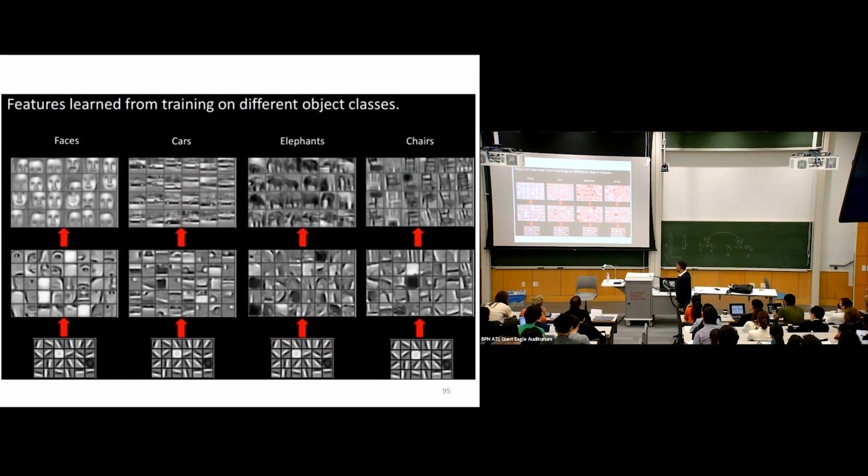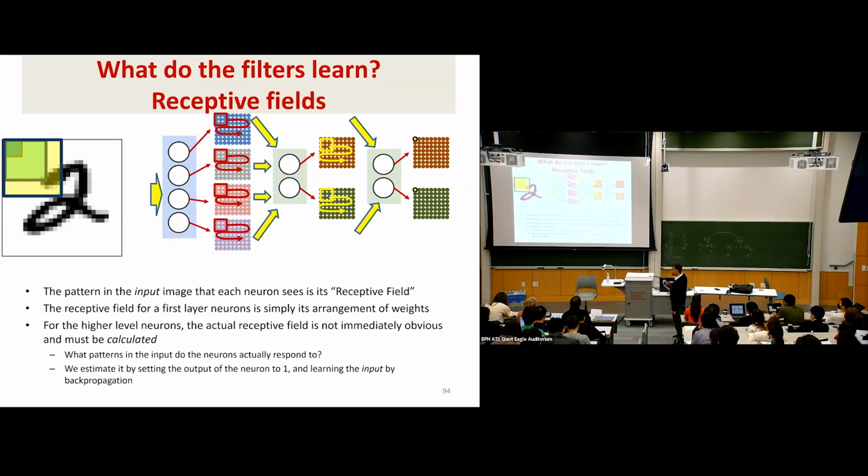Here are some examples. They look spooky, but this was one way to figure out what the filter is looking for, which is to actually calculate it. One thing you could do is to say, if this filter output is large, what does the input look like? And then you can compute that through regular backpropagation starting from some point.